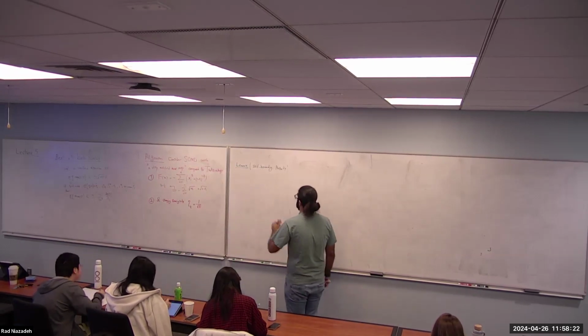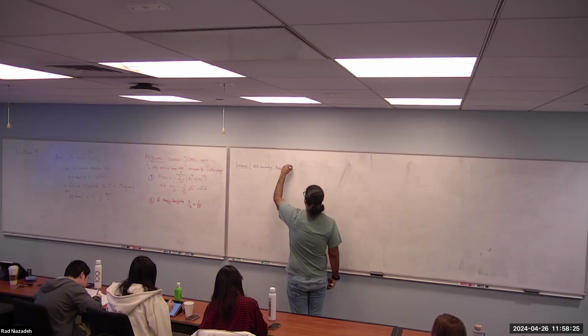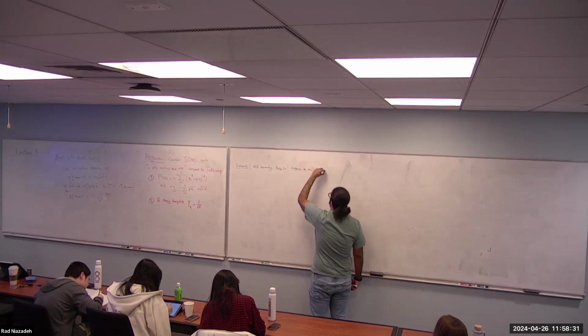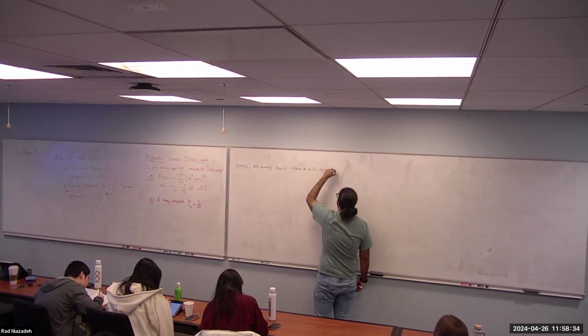So the self-bounding property: suppose an unknown algorithm satisfies the following.